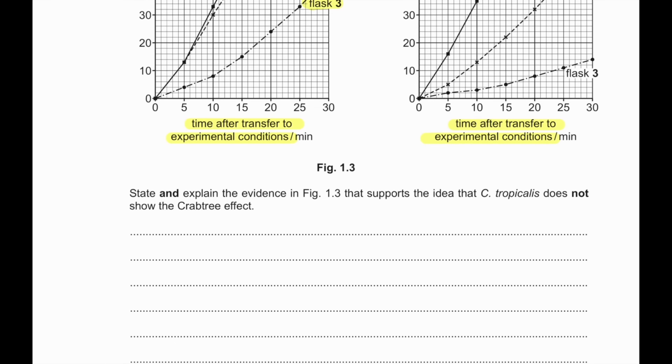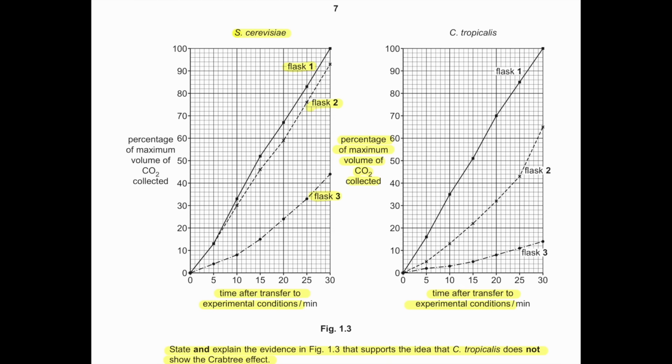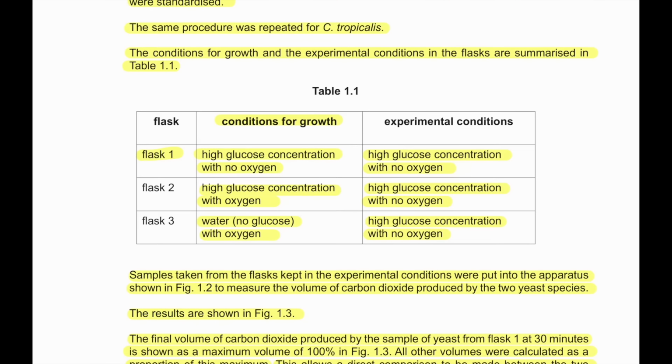State and explain the evidence in figure 1.3 that supports the idea that C. tropicalis does not show the Crabtree effect. If we look into the data, we can see that for S. cerevisiae, the flask 2 condition is the growing condition, high glucose concentration with oxygen, and high glucose concentration with no oxygen is the experimental condition.